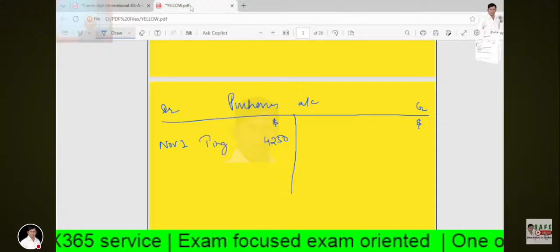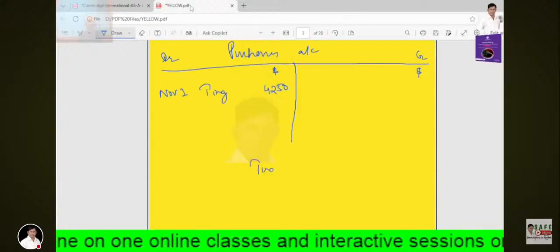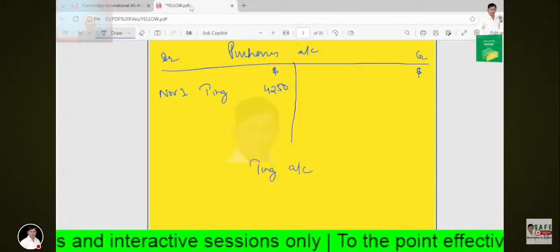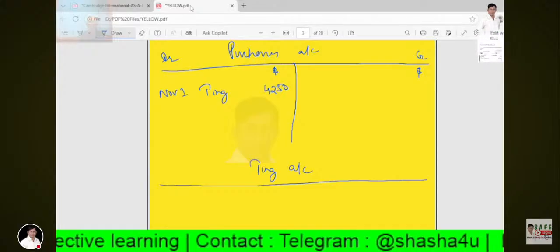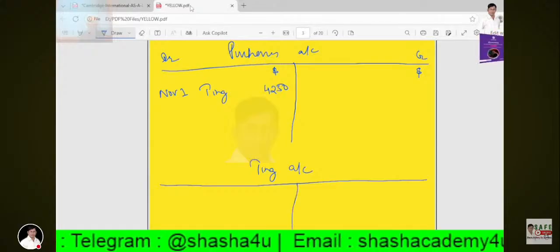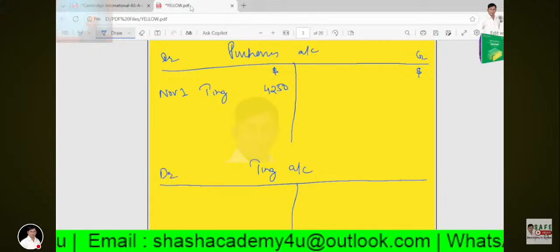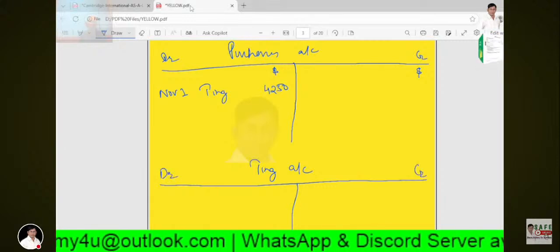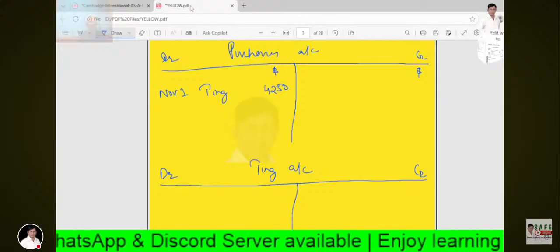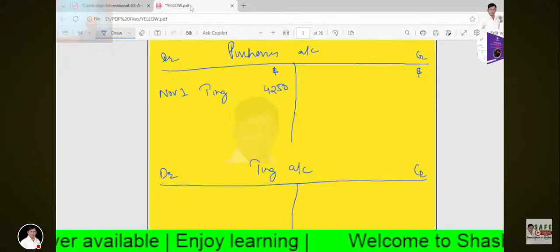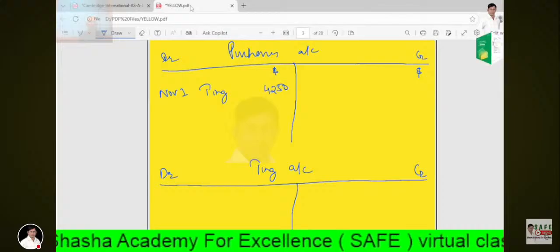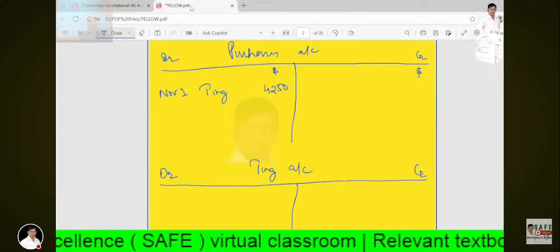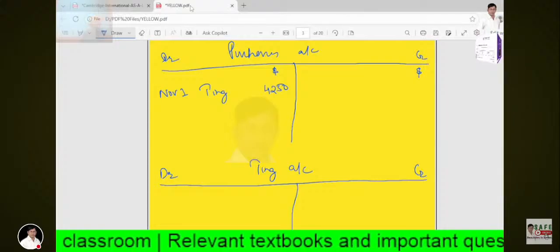Okay, so we have to complete the entry by writing it to Tinge account. Tinge account will be credited. Why? Because he is the giver.